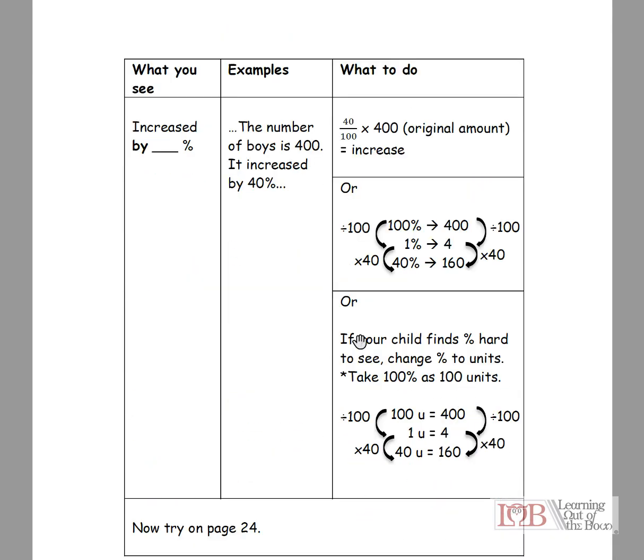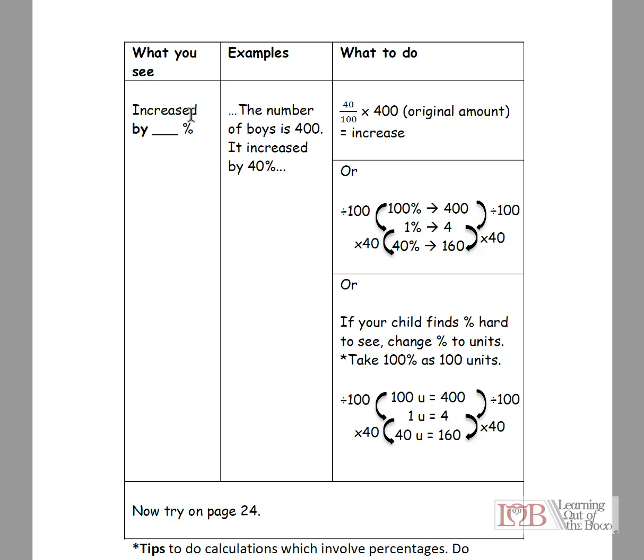Now, what about increase by? It's the same logic as reduce by. So if I increase your homework by 10%, that means I add on. So it's the same thing. You do the necessary steps.